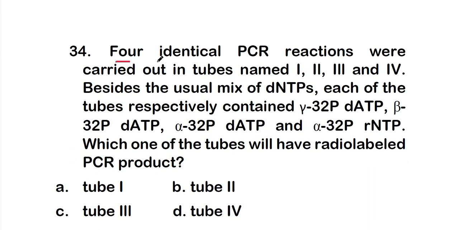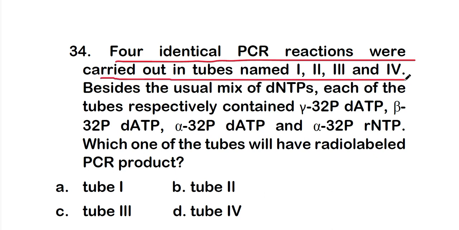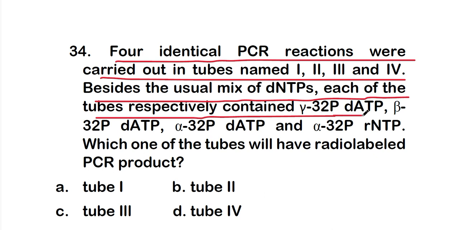Four identical PCR reactions were carried out in tubes named 1, 2, 3 and 4. Besides the usual mix of dNTPs, each of the tubes respectively contained gamma P32 dATP, where the radiolabeled isotope is present in the gamma position, in tube number 1.